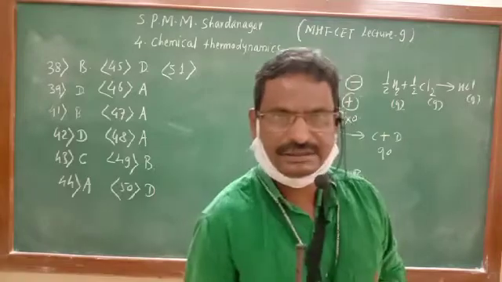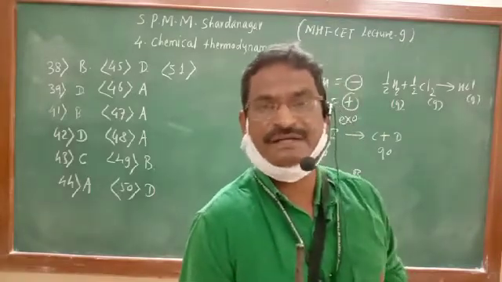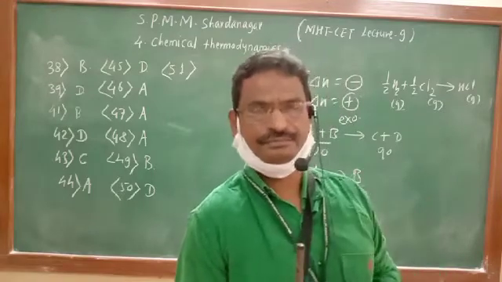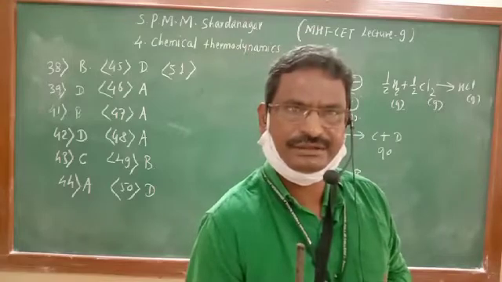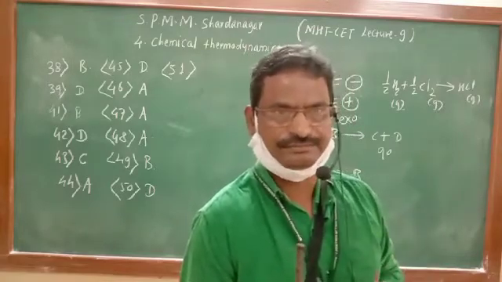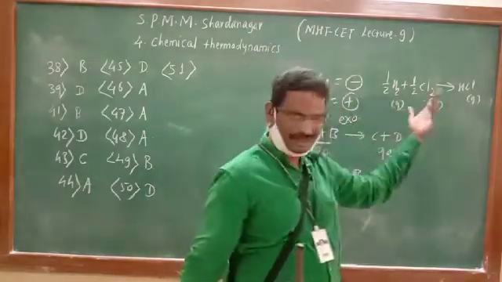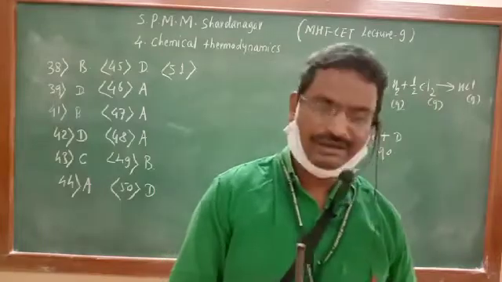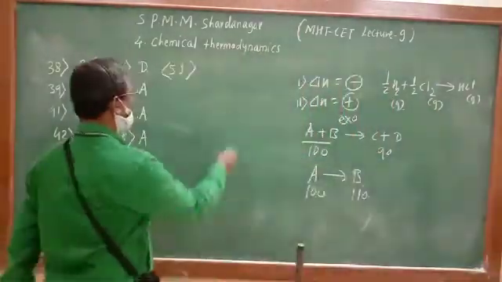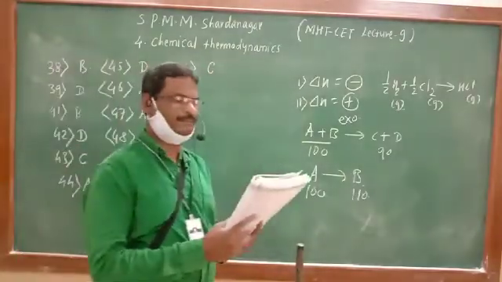The process in which a substance is formed from its constituent elements is known as formation, and the enthalpy change is known as enthalpy of formation. So for this reaction, the enthalpy change is the enthalpy of formation. Correct option is C.